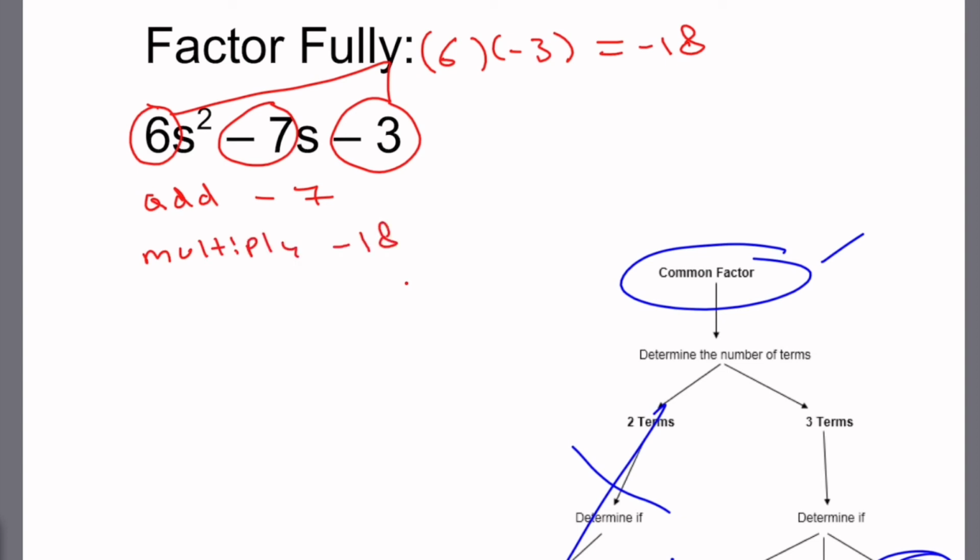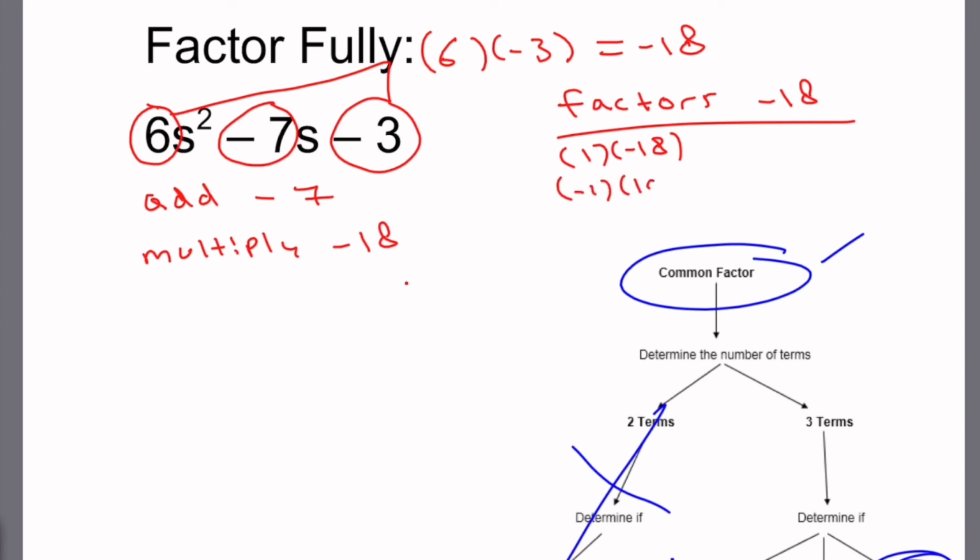Okay, so list your factors of -18, and you want it to add to -7. So we can do 1 and -18. That adds to -17, doesn't work. We can do -1 and +18. Doesn't add to -7.